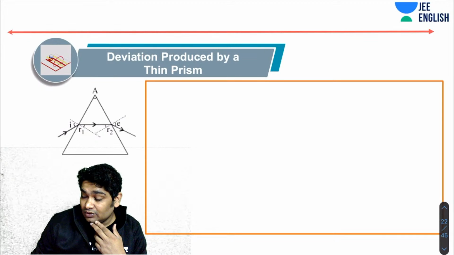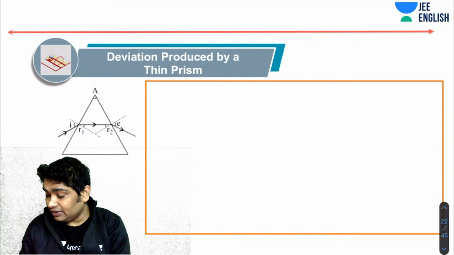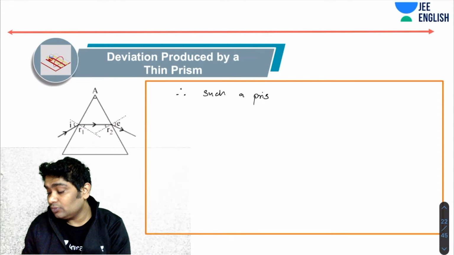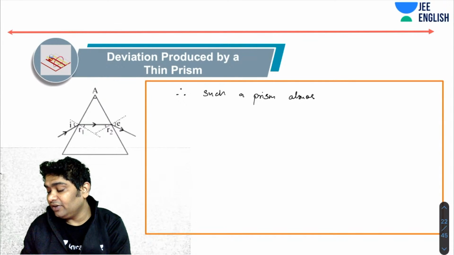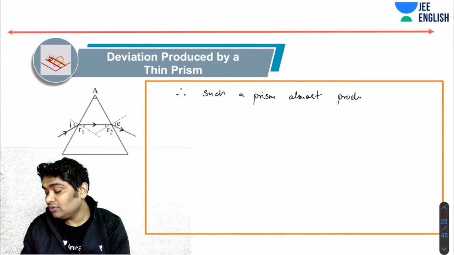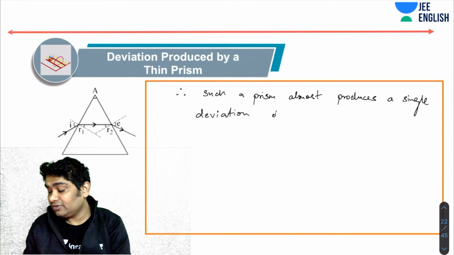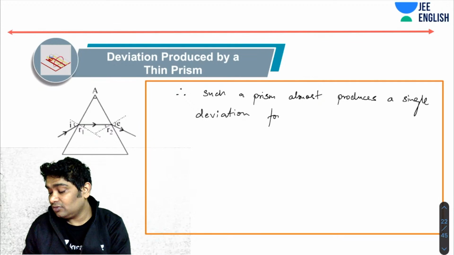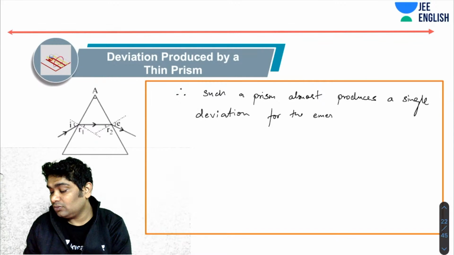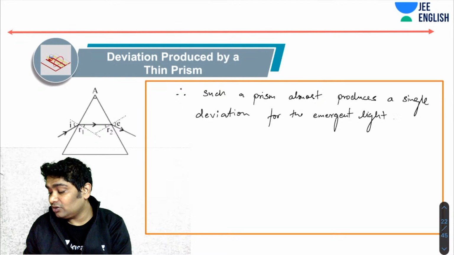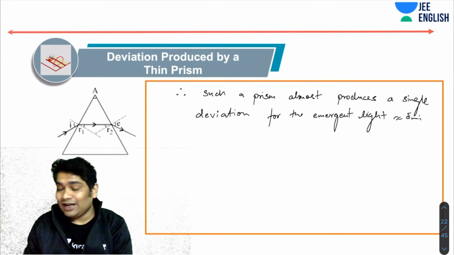So again, I can write, therefore, such a prism almost produces a single deviation for the emergent light, which can be considered as delta min.